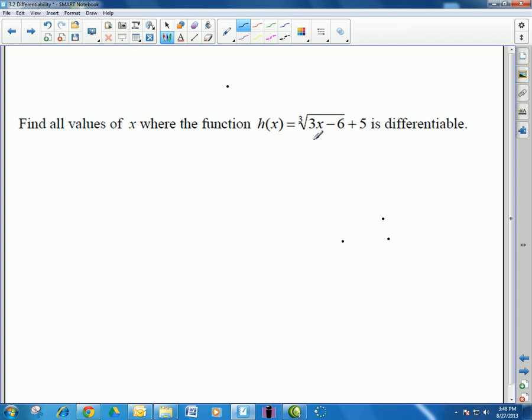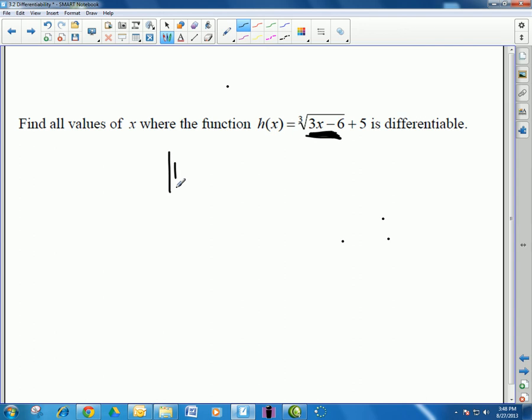And the key thing is, where it's not going to be differentiable is what makes the expression under here not possible. You could graph it, that's fine, but go ahead and try this on your own and see what happens. You might be looking for a vertical tangent. Guess at it first and then try it. Then come back to the video and look at it.